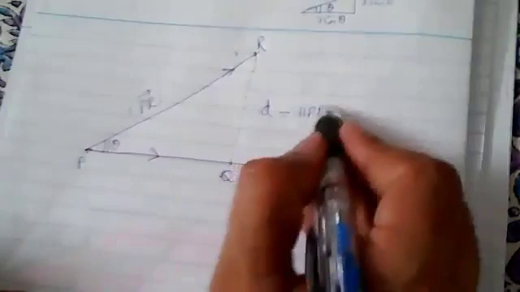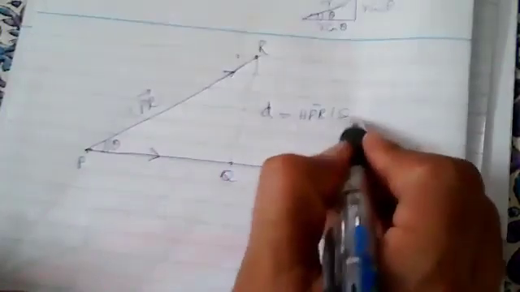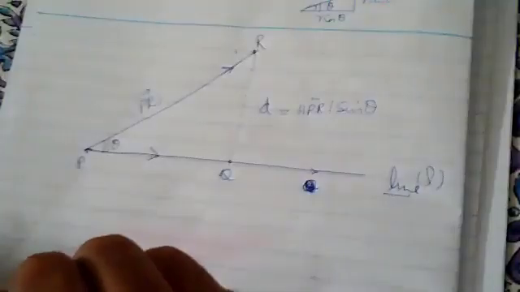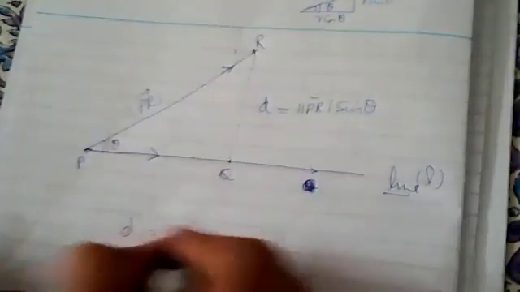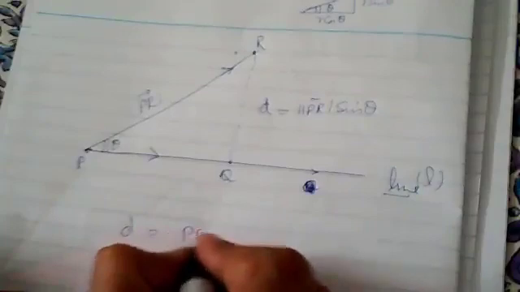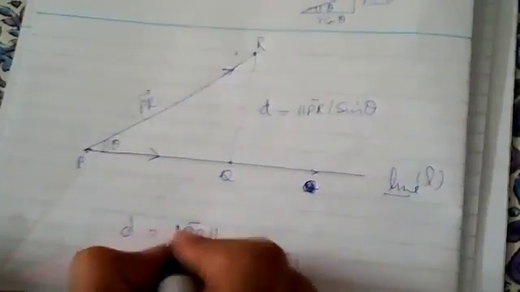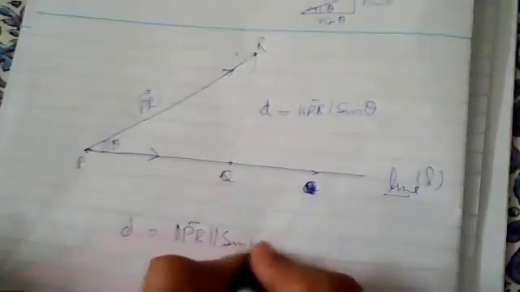This is R, the magnitude of R. So here we have vectors PQ, PR, so it will become PR sine theta. So distance D is equal to the magnitude of PR into sine theta.